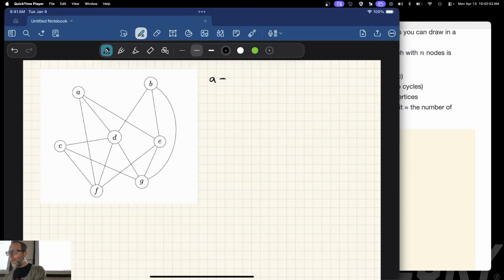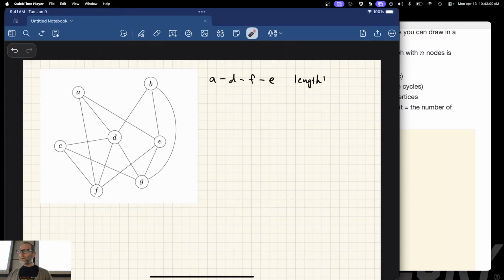I can go from A to D to F to E. What's the length here? Now again, the length is going to be the number of edges on it, 1, 2, and 3. I can go from A to D, I can go from D to F, and then from F I can go over to E, traversing each one of those edges. It's 1, 2, 3, which is equal to the number of vertices minus 1, because if you look at your fingers and ask yourself how many gaps you have between those fingers, that's the relationship there.